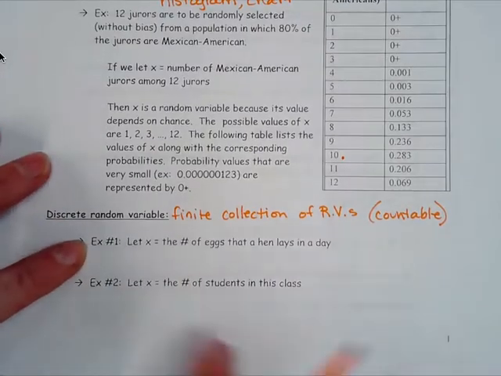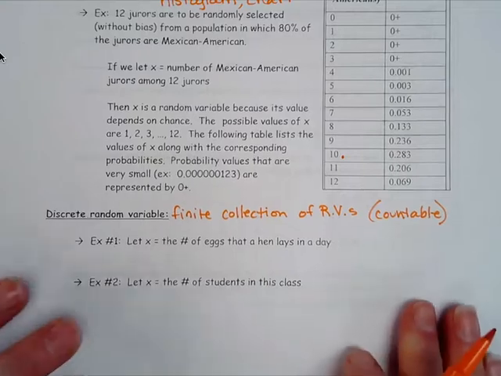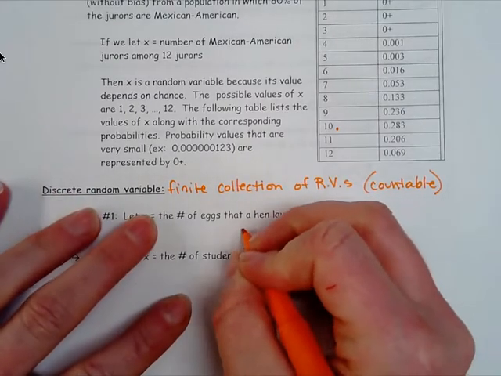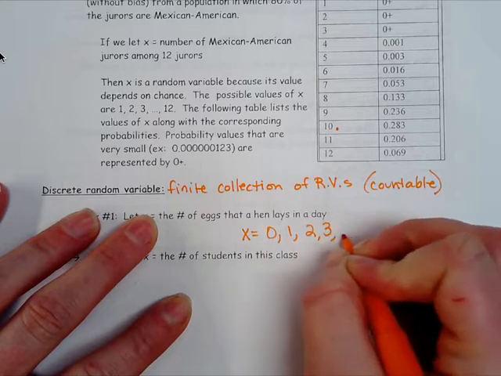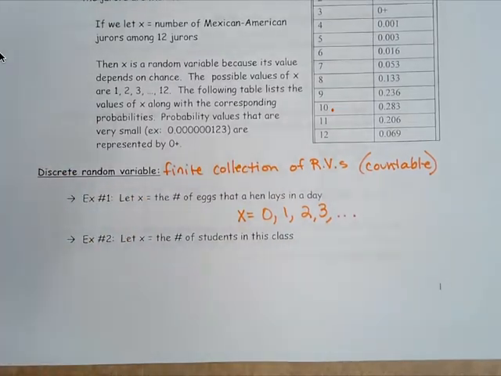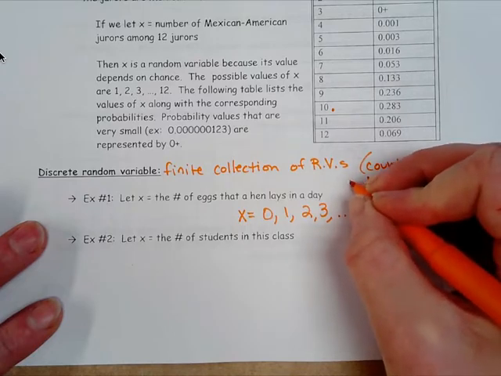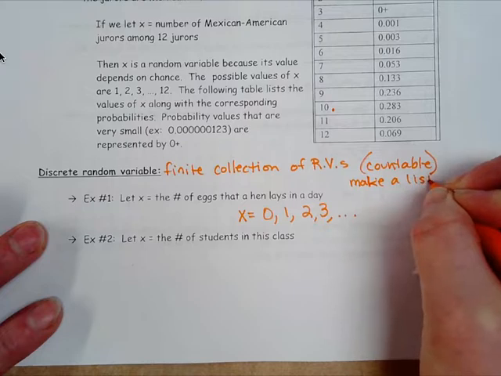So an example would be, let X equal the number of eggs that a hen lays a day. So we can count the number of eggs, right? So X could be 0, 1, 2, 3, and so on. We can make a list. So I can also put it here. Make a list.